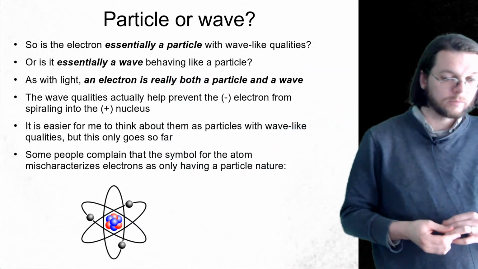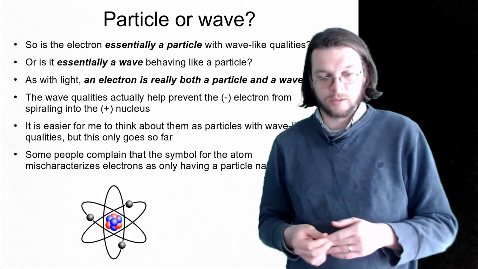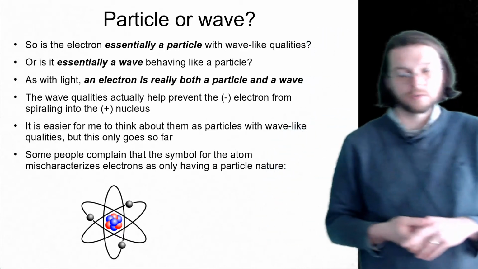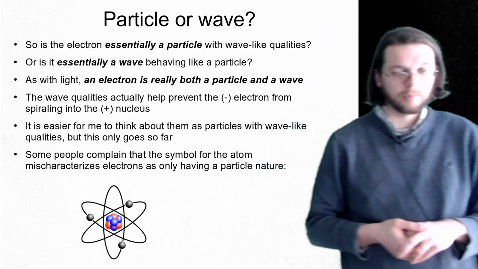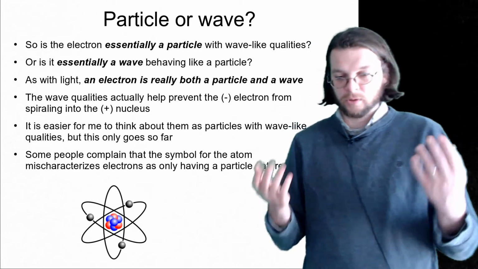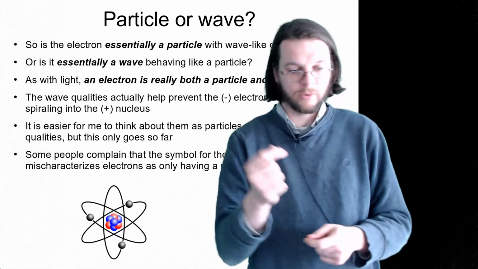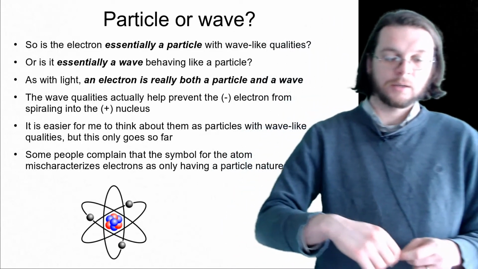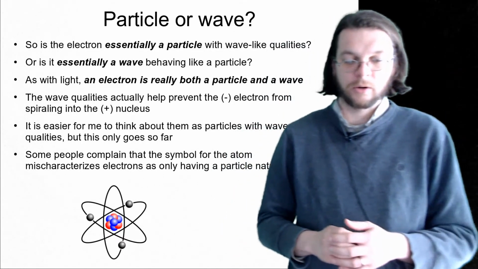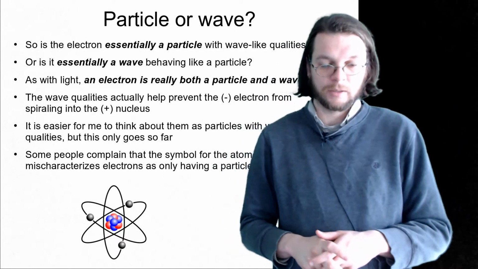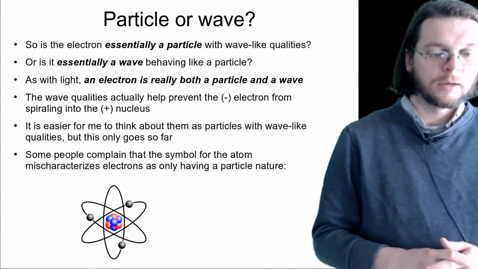And we have to give the same sort of answer, because there are situations in which electrons behave like particles. The photoelectric effect is a perfect example. An electron absorbs a photon and can jump out of that metal and start a current. So that's a very particle-like thing to do.